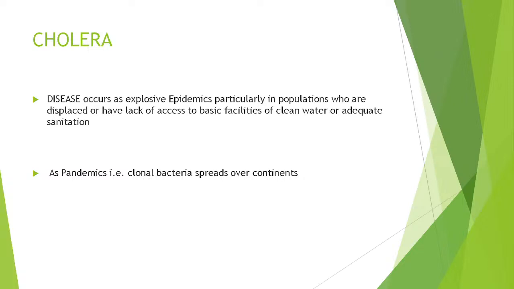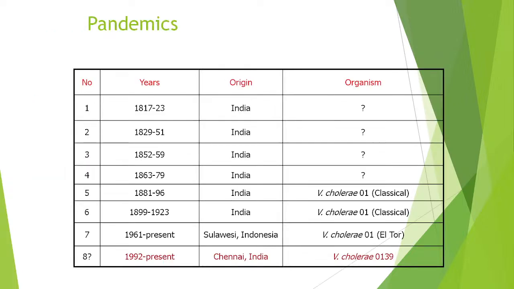It also occurs as pandemics, clonal bacteria spread over continents, okay. So right now we are in the midst of a pandemic, a Vibrio cholerae El Tor pandemic is going on since the last 30-40 years, and we get the cases. So this is the classical timeline of certain pandemics.